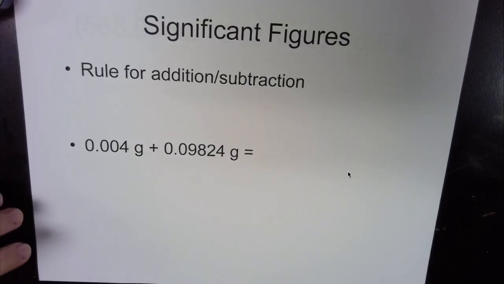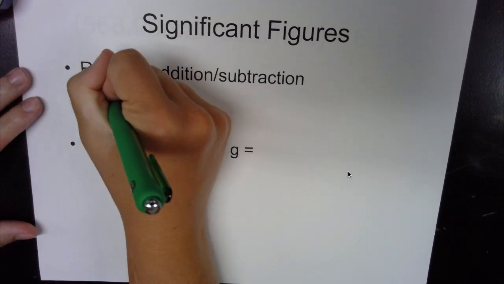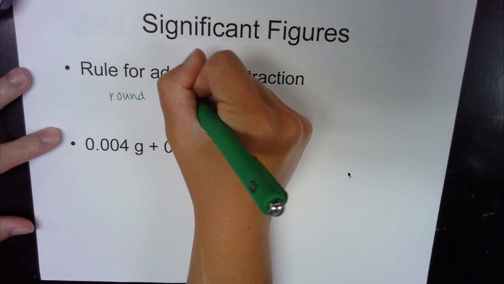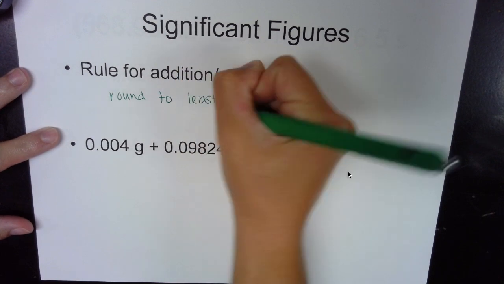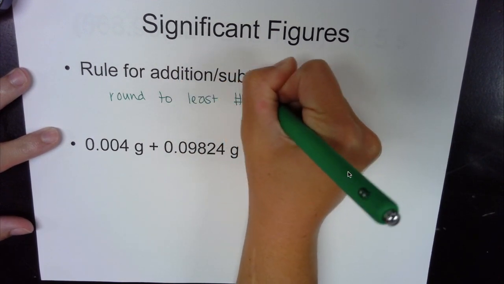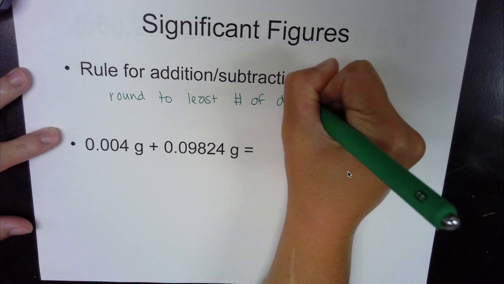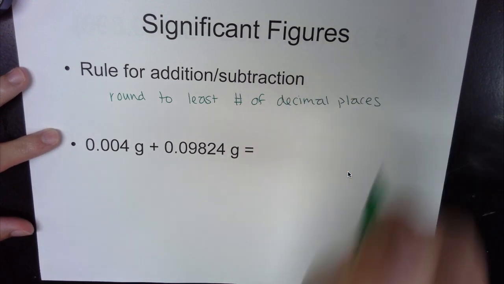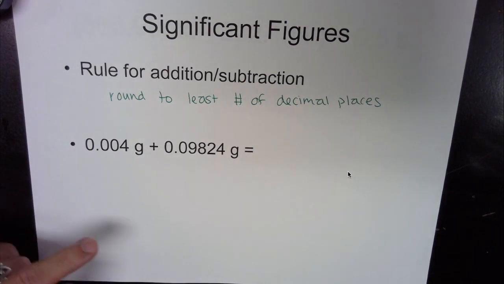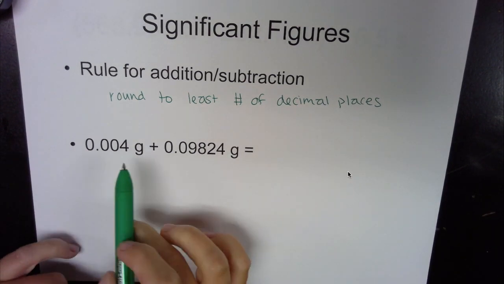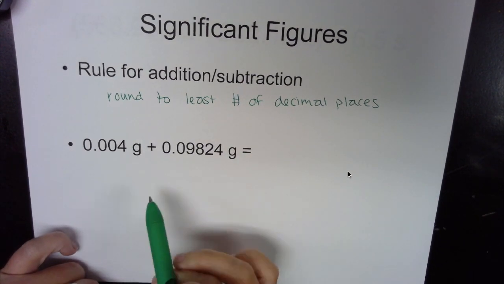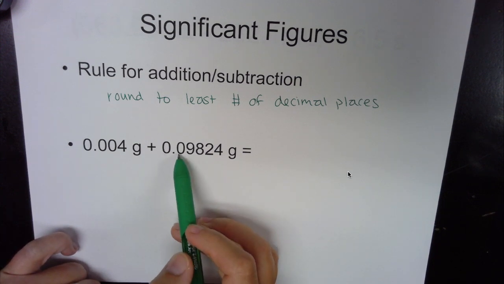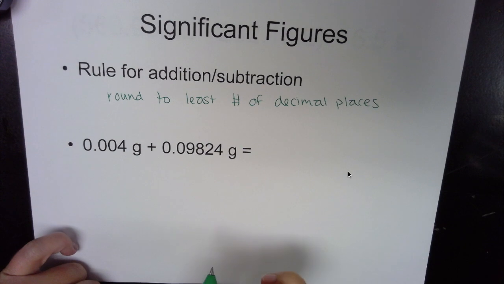For addition and subtraction, you always round to the least number of decimal places. So if you look at here, we have 3 decimal places versus 1, 2, 3, 4, 5 decimal places.